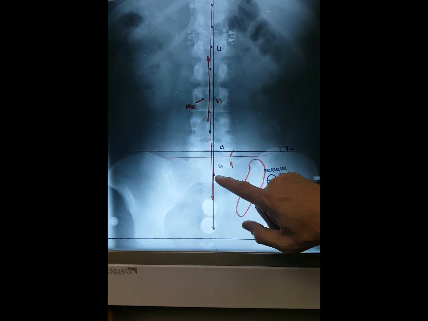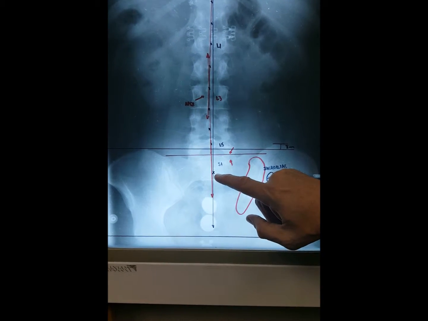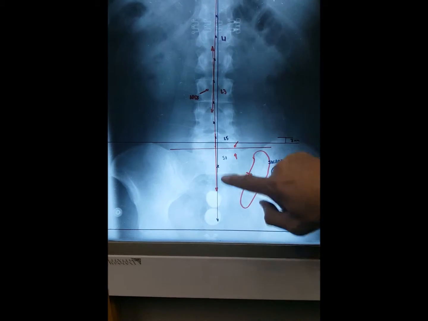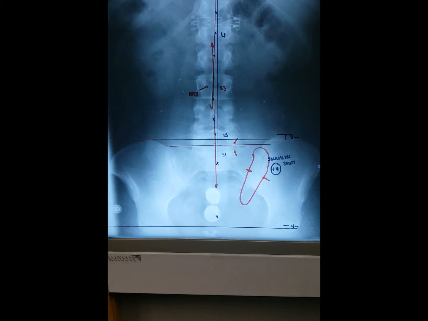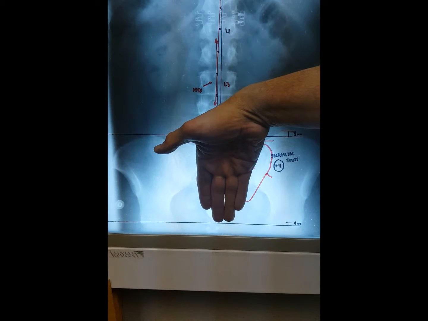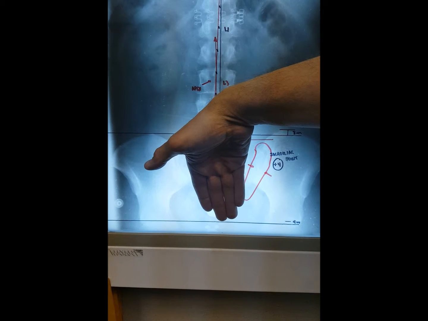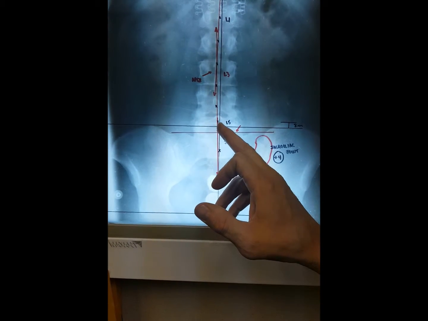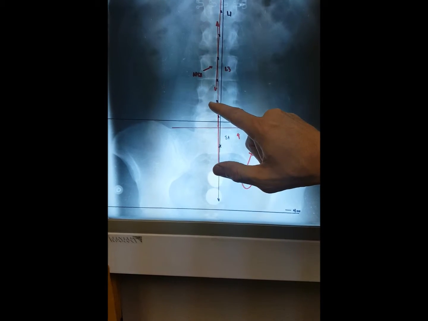The center of gravity of the entire body is the S2 tubercle. We expect that the vertebrae are all in line from the S2 point all the way up and down, and that's delineated by this black line. Because the pelvis is unbalanced low on the left-hand side, the sacrum has been tipped towards that left side. That eventually basically pushes the L5 vertebra over to the left, followed by the L4.